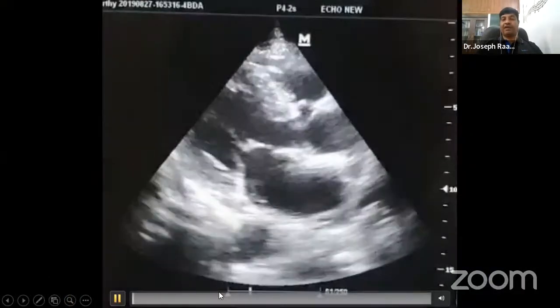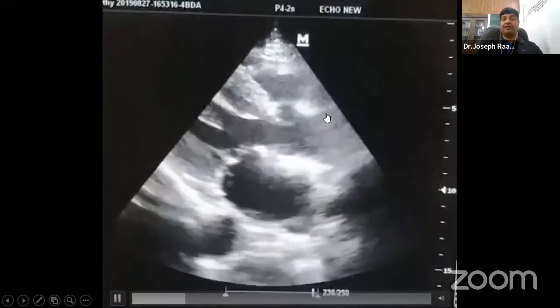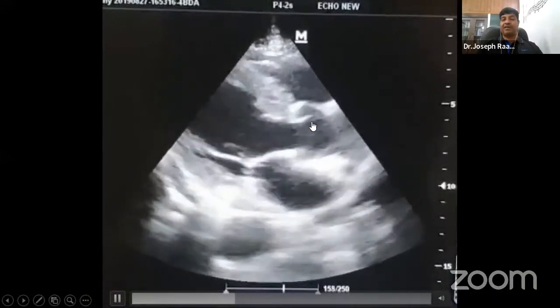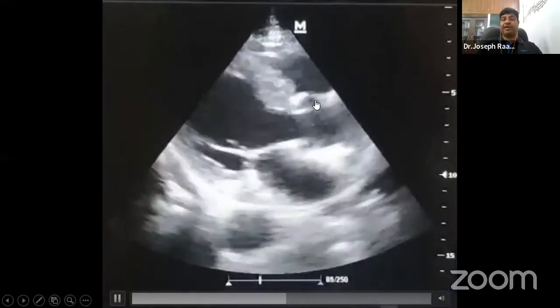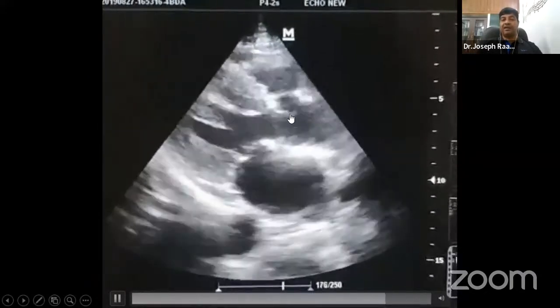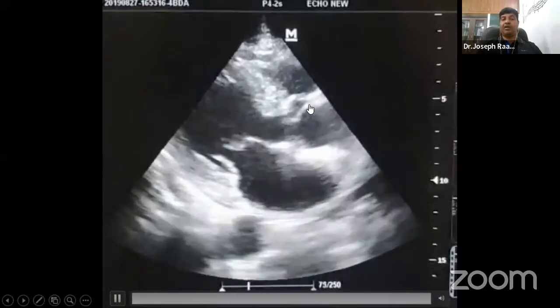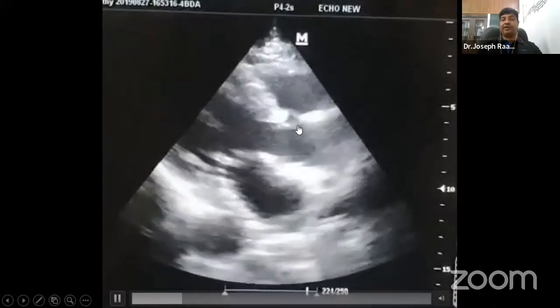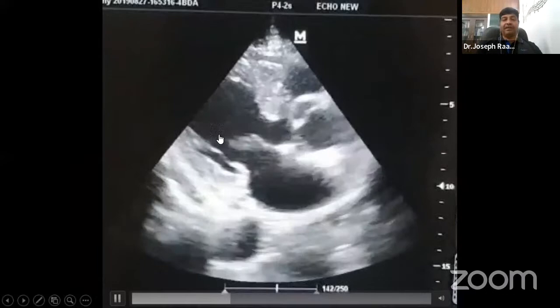So this is your fifth echo, where you can see the flap. It's a dissecting aortic thing. Near the aortic valve, you can see a small flap coming and going. That tells you about the dissection.